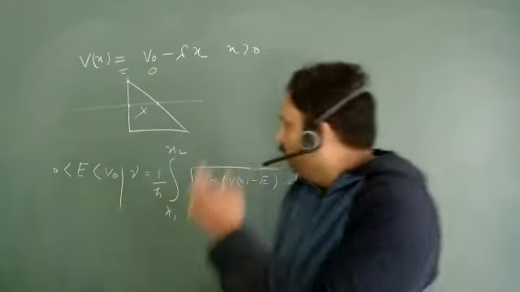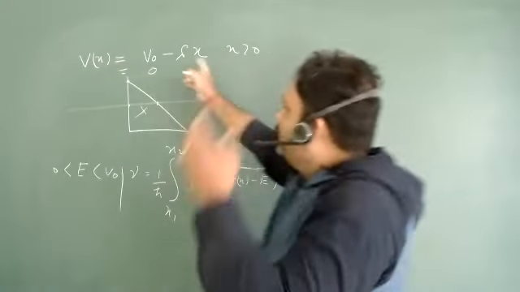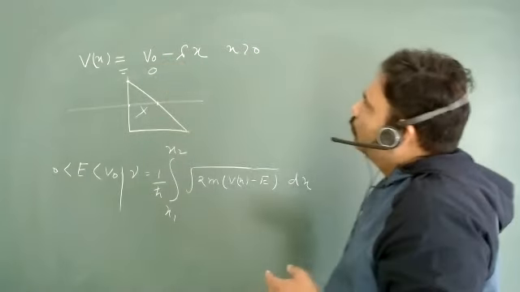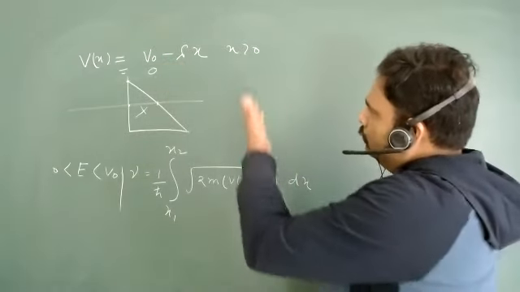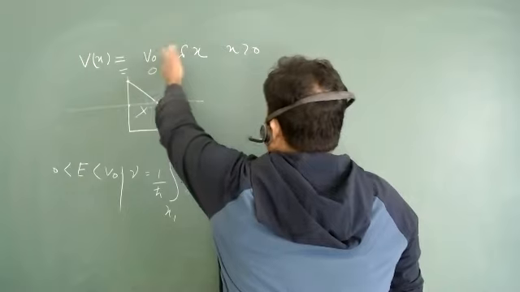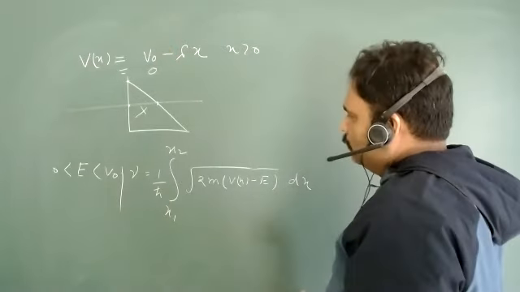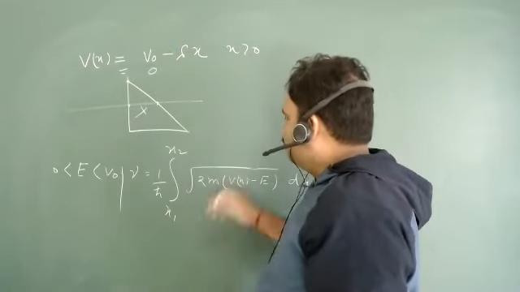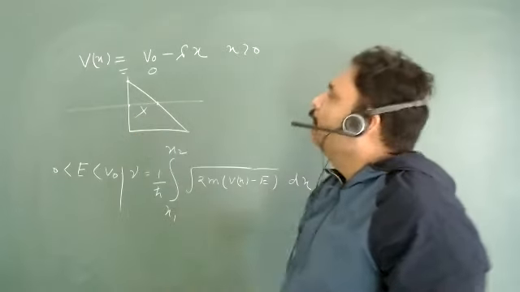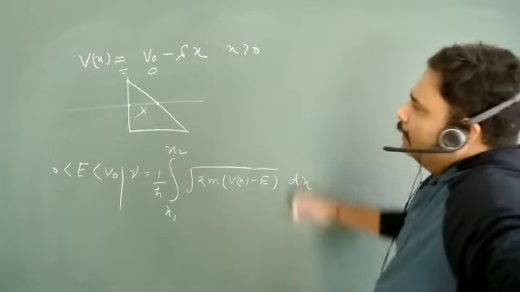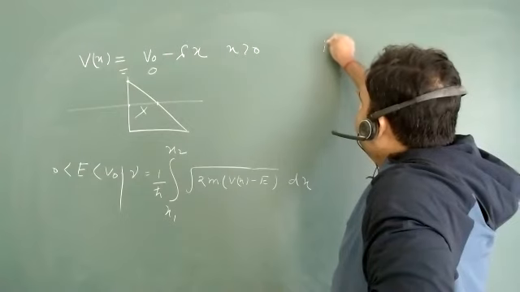Now let us take Vx as V0 minus lambda x. This is your Vx. x1 is 0. What about x2?